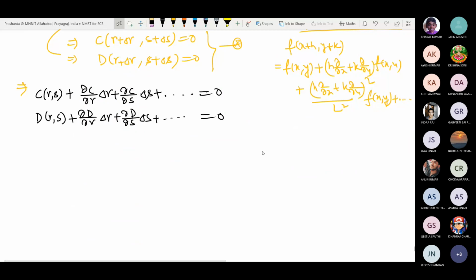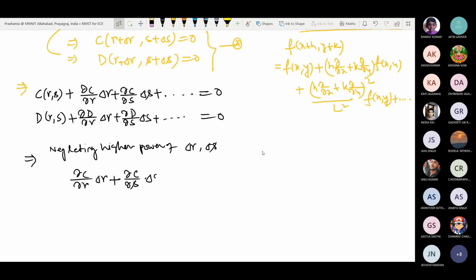So if we neglect the higher order terms, you will be getting two equations as del c by del r into delta r plus del c by del s into delta s equals minus c of r comma s, and another equation: del d by del r into delta r plus del d by del s into delta s equals minus d of r comma s.